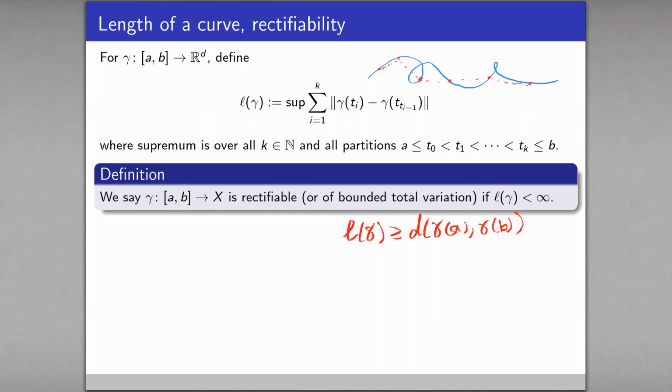But a nicer exercise will be that on the plane, prove that the length of gamma equals the distance of gamma(a) and gamma(b) if and only if the image of gamma is the straight line.